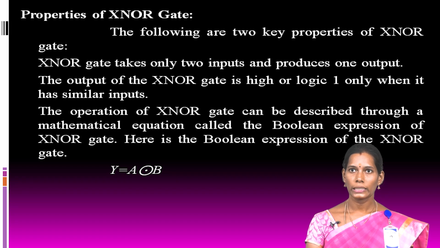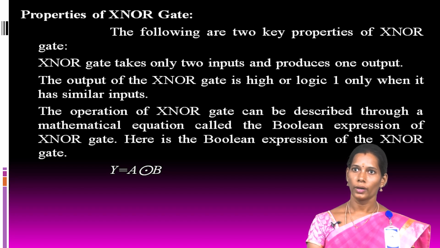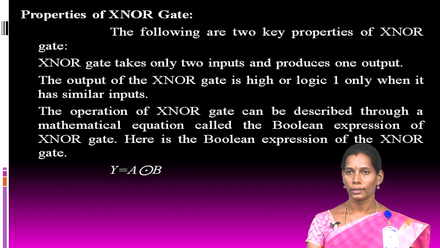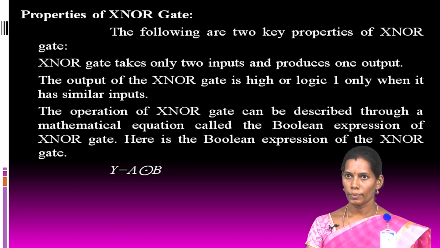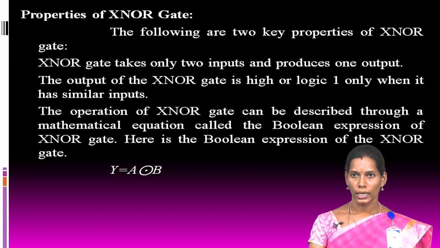First, the XNOR gate takes only two inputs and produces one output. And second, the output of the XNOR gate is high or logic 1 only when the inputs are similar.